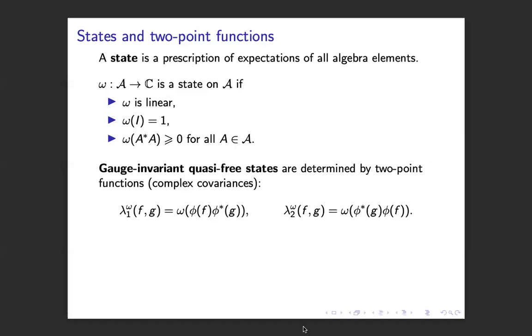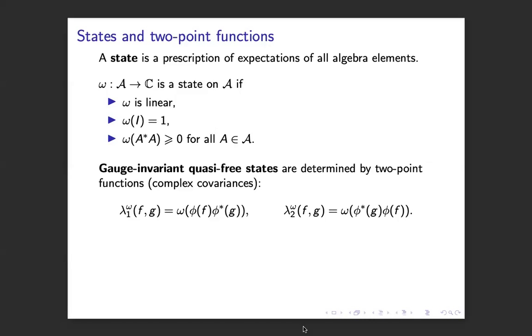Technically, because we're looking at complex fields, to get this property we also need to impose something called gauge invariance. In this case, gauge invariance isn't very deep. It's just that complex fields represent charged particles, and we have a global invariance under scaling by a phase of all the fields, and we also restrict to states that are invariant under that.